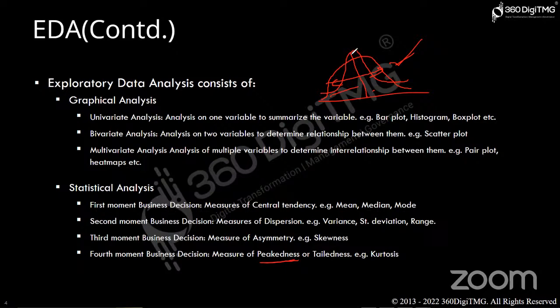So using this peak, or tailedness, or this tail, we can measure the difference between the two. It is known as kurtosis. In this we have three cases. If we are having a high, narrow peak and thick tails, this means there might be outliers here.